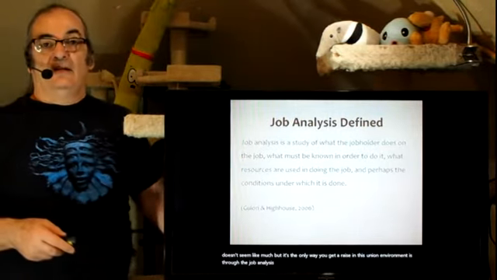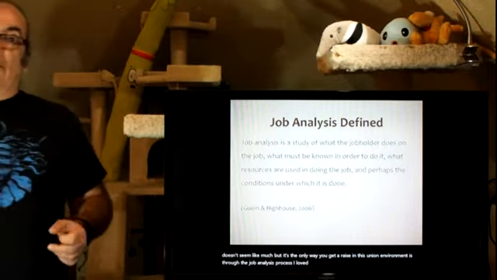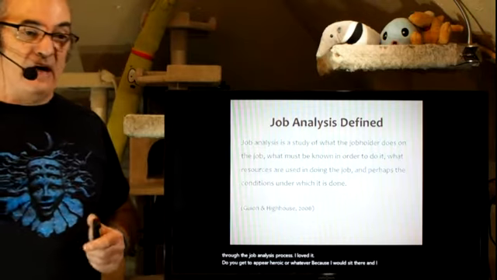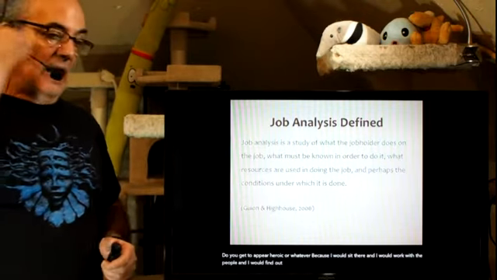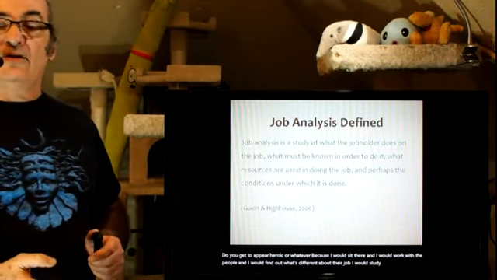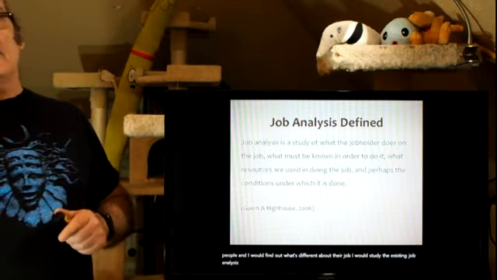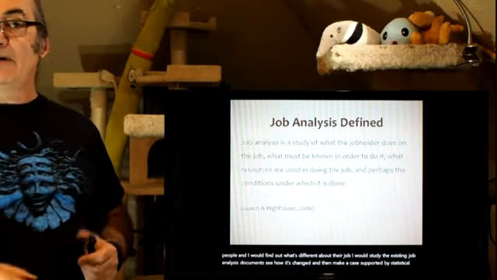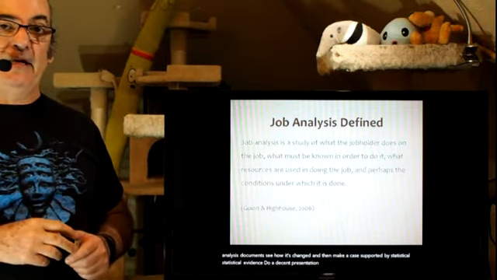I loved it. And man, do you get to appear heroic or whatever? Because I would sit there and work with the people and find out what's different about their job. I would study the existing job analysis documents, see how it's changed, and then make a case supported by statistical evidence, do a decent presentation, and boom, people make more money.